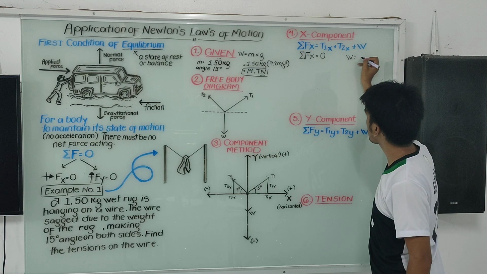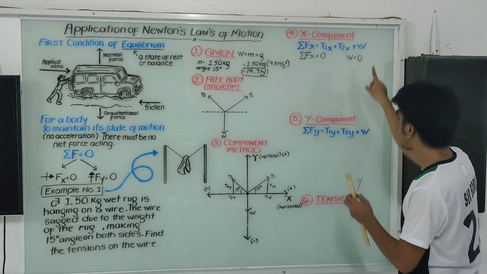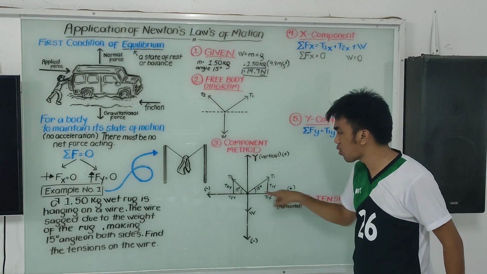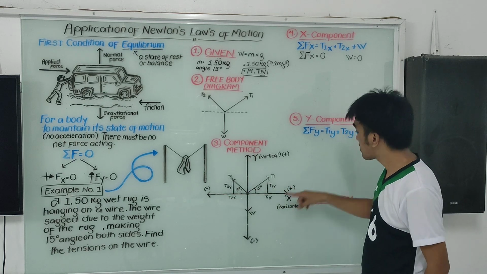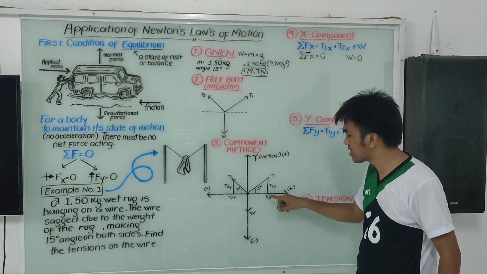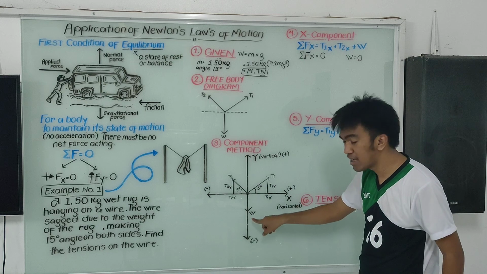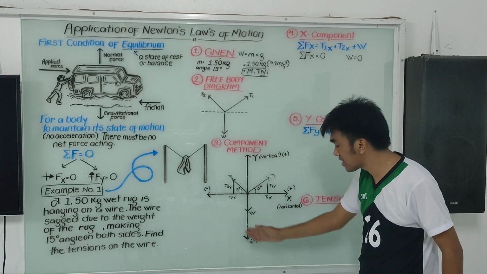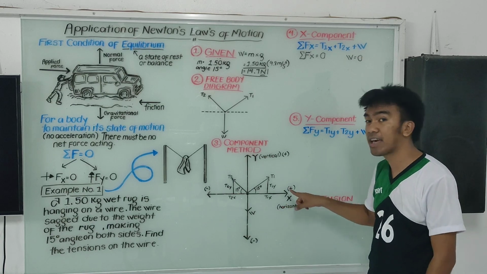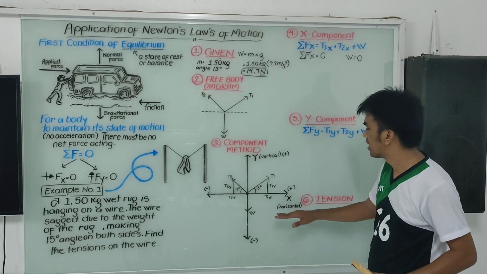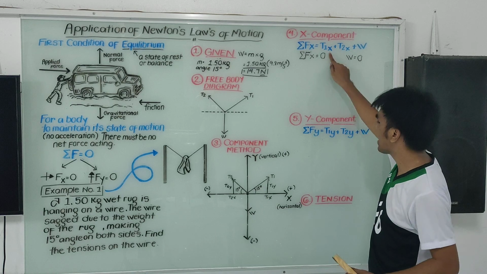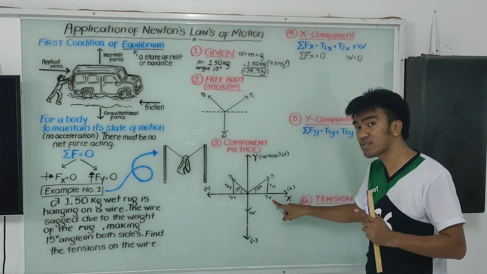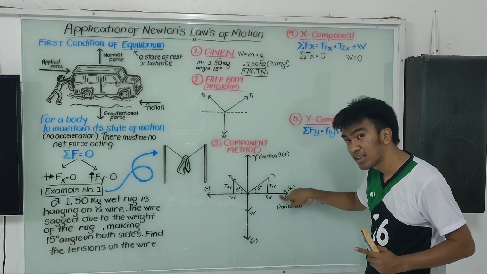And also weight is 0. Why? Is weight part of the x component? Since weight is on this part, it's vertical, so it's not part of the x component. So it's not a horizontal component. Tension 1x is a horizontal component.